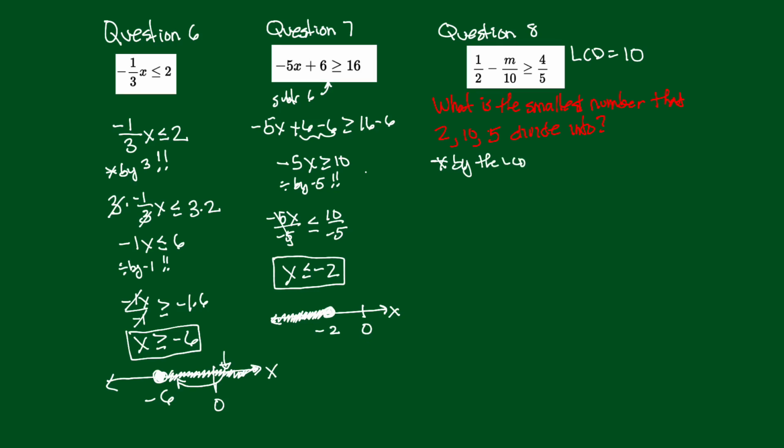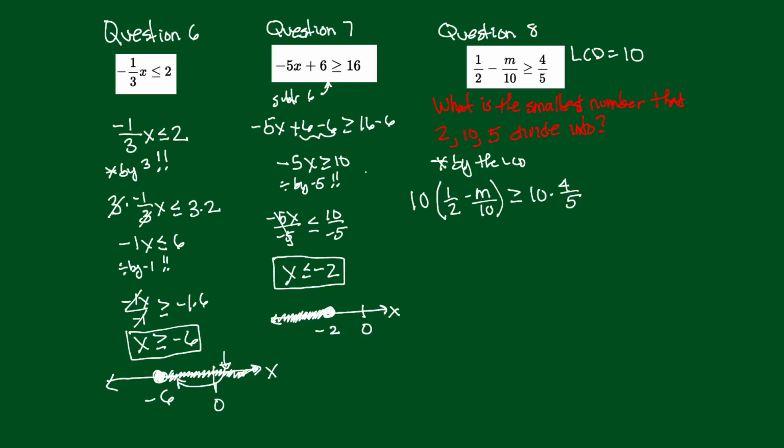So that's going to look like this. 10 times this left side, which is 1/2 minus m over 10, greater than or equal to 10 times the right side. Now that LCD is positive, so I don't have to change the direction of that symbol.